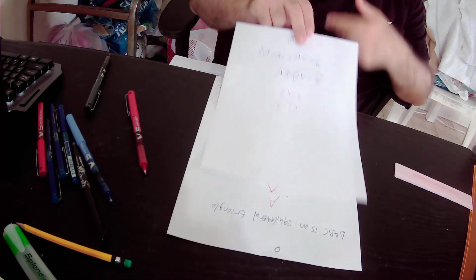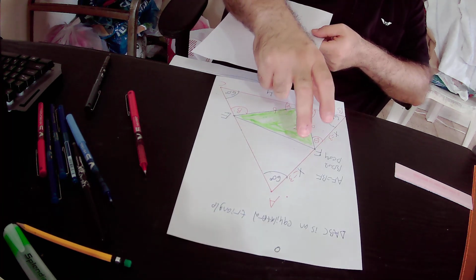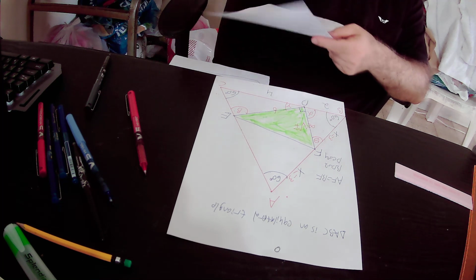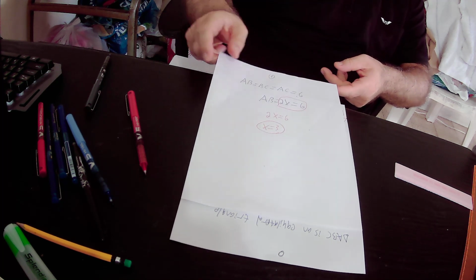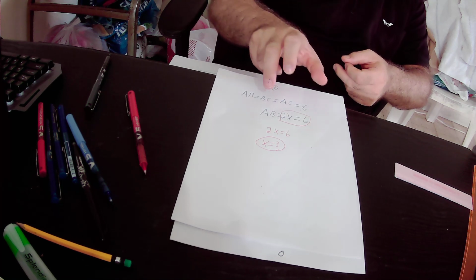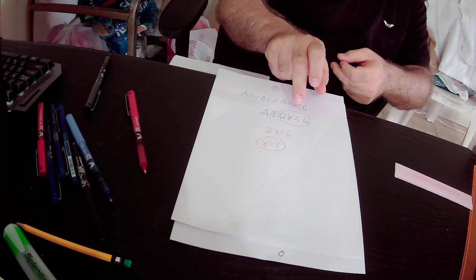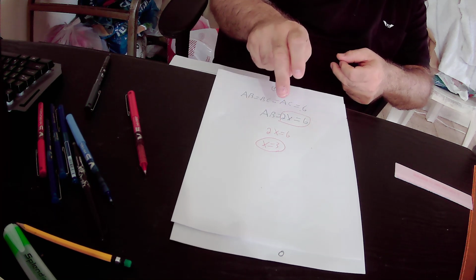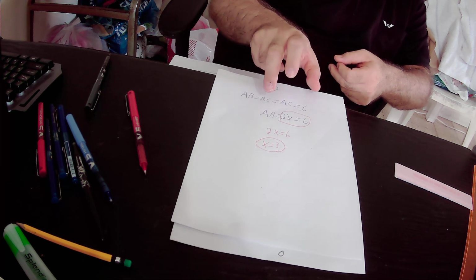All the sides of triangle ABC equal 6 units. So we can derive the equality 2x equals 6 units.